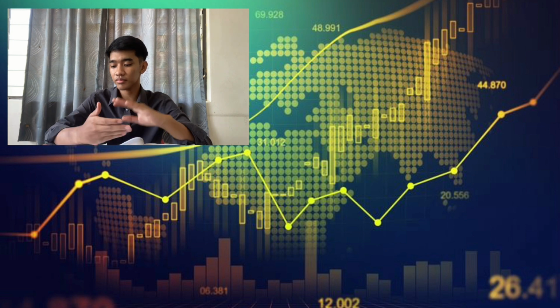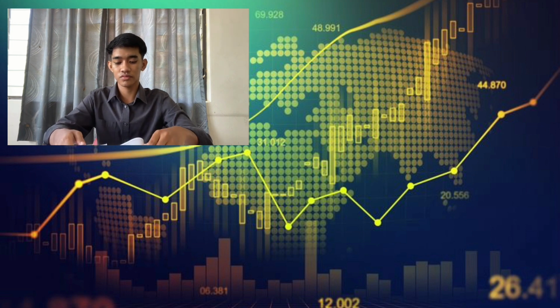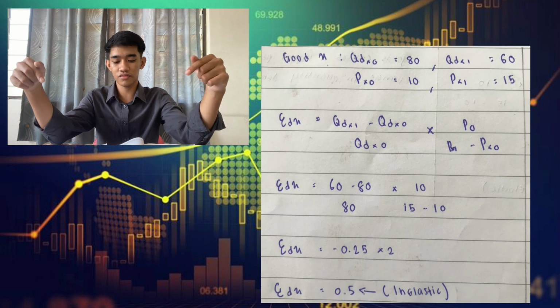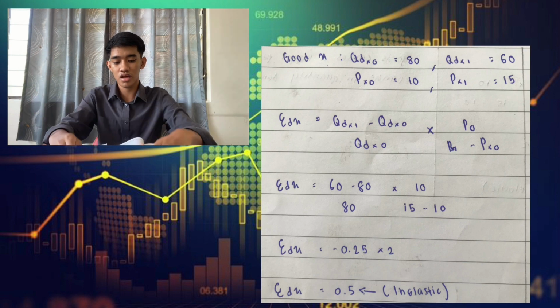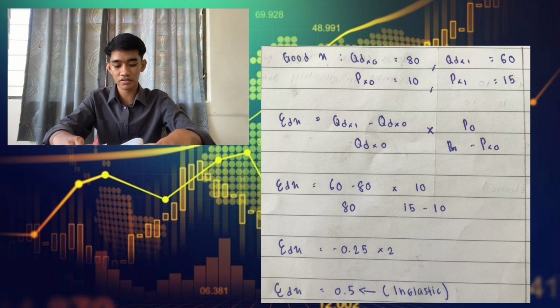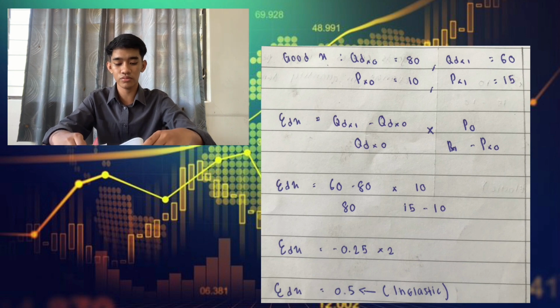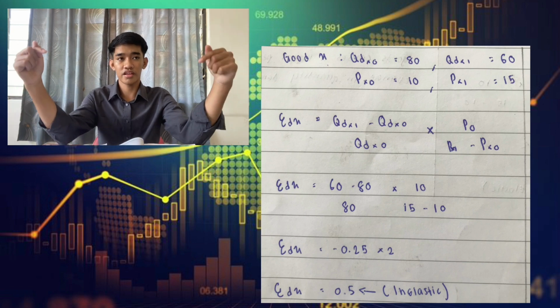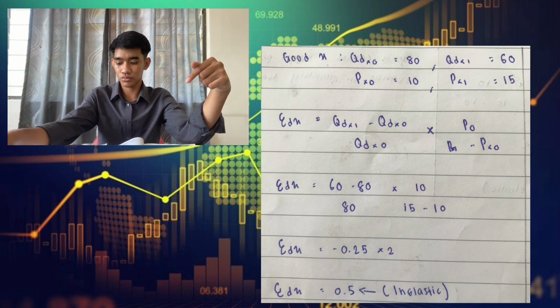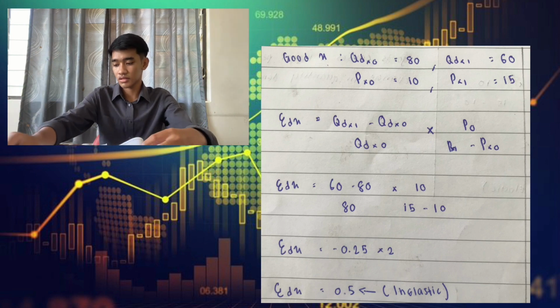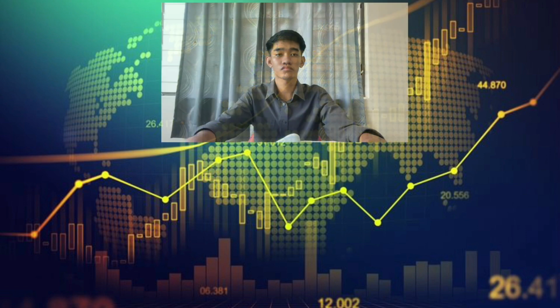For the first step, this is the formula to calculate price elasticity of demand, which is the percentage change in quantity demanded of goods X divided by the percentage change in price of goods X. As below, you can see the answer, which is 0.5.